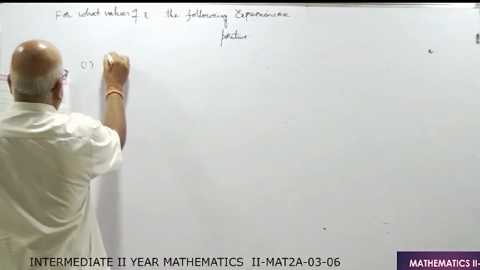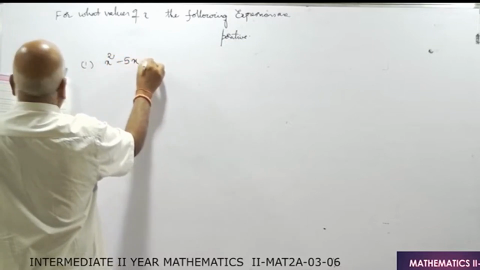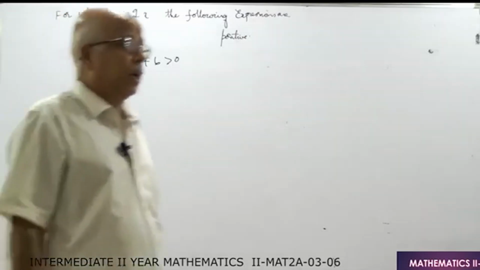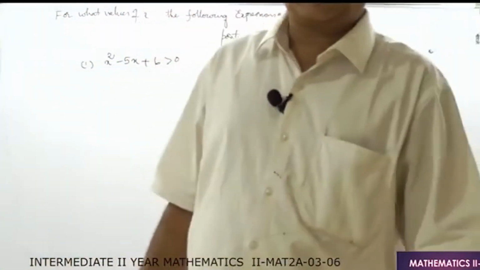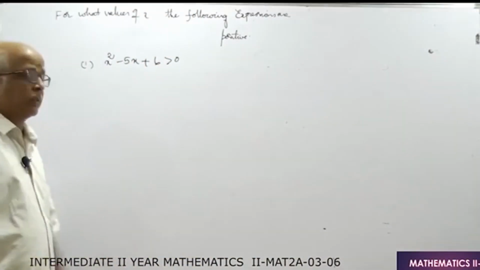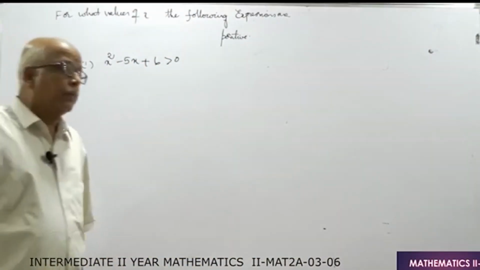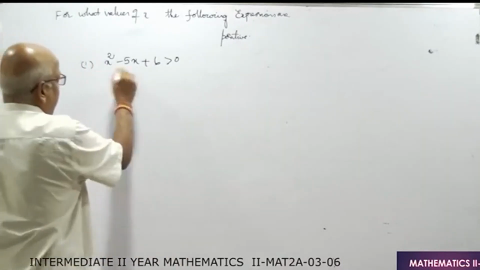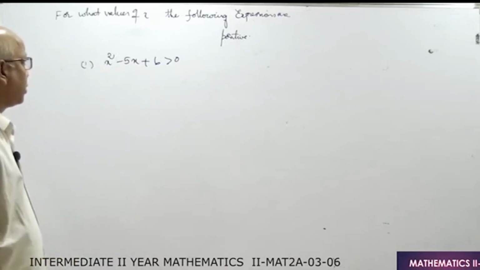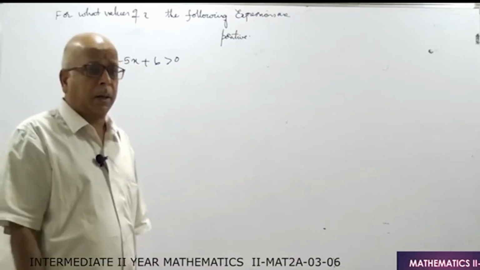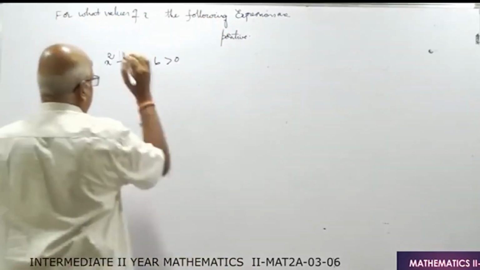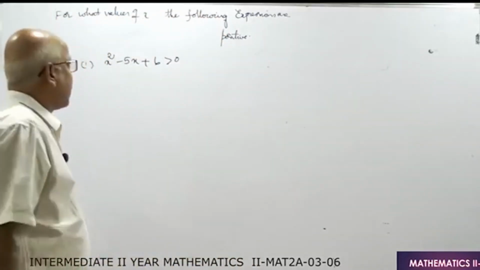x square minus 5x plus 6 greater than 0. Under what conditions are these positive? Here, let us apply factorization. Factors for 6 such that their sum or difference must be equal to 5. As the sign is plus here, the sum must be 5.